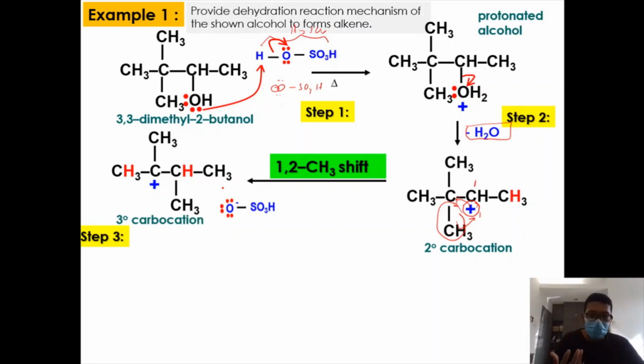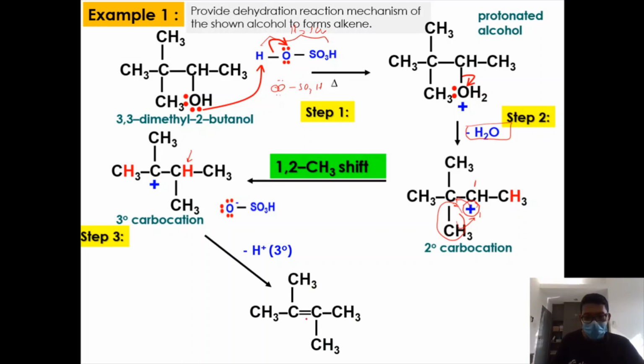Okay, so once we bring it to this side, this is going to become a tertiary carbocation, which is much more stable. So once we produce a tertiary carbocation, we're going to remove another hydrogen in order to make an alkene. So we can remove this hydrogen here in order to make the tertiary alkene, which is shown here.